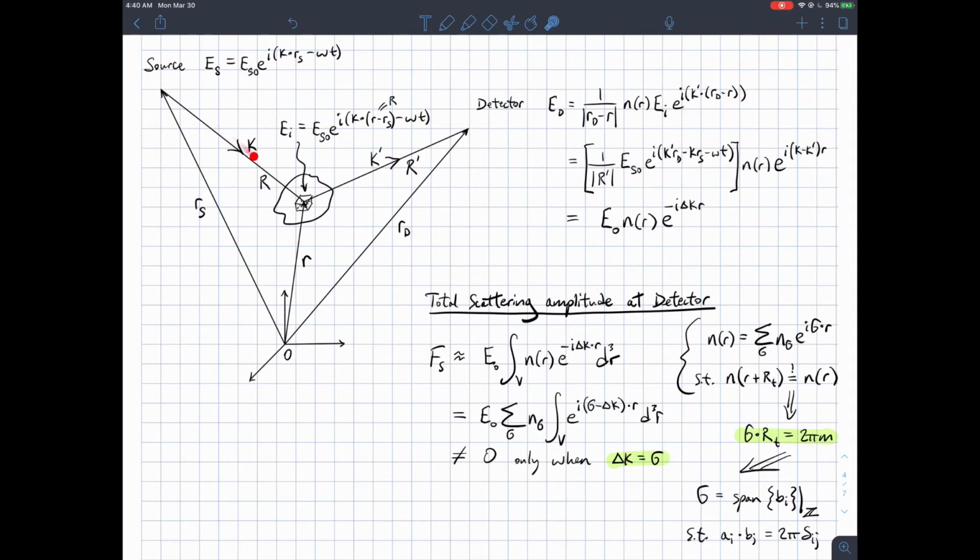But all we care about is the plane wave as it travels along this K vector, and that's determined by this vector R. So then the incident plane wave on our sample is correctly defined no matter where I put the origin, because this is R here.